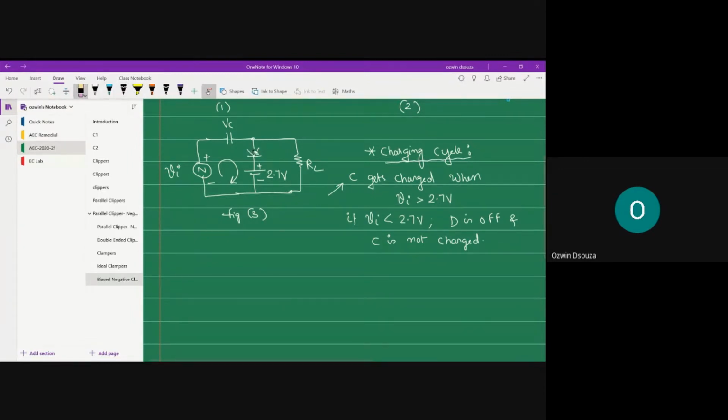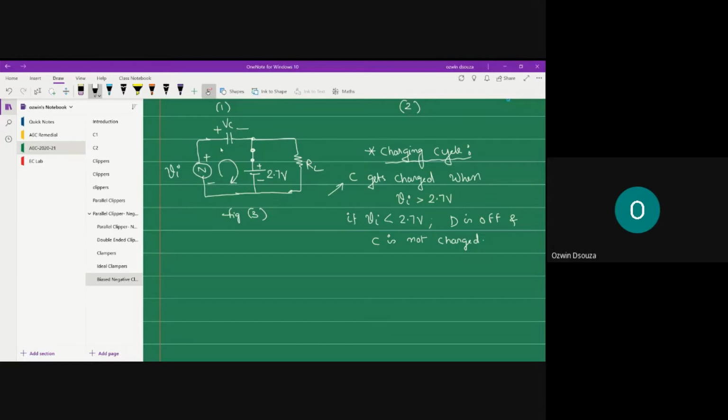In the equivalent circuit, I'm going to erase this part. The diode should be replaced with a short circuit. Now you apply the KVL.